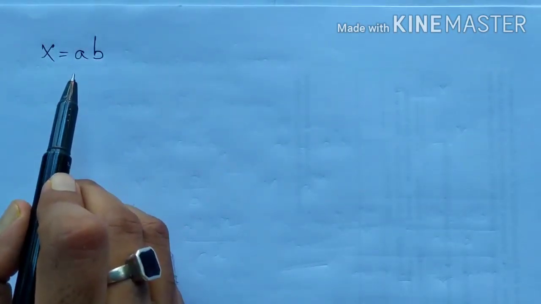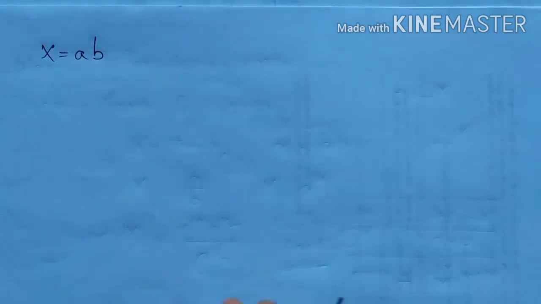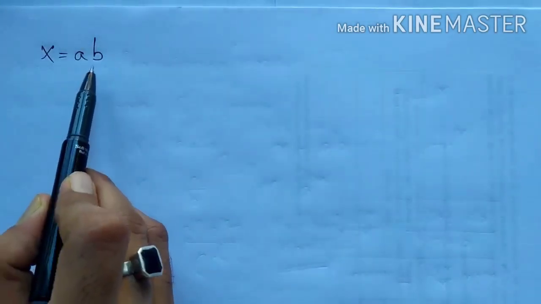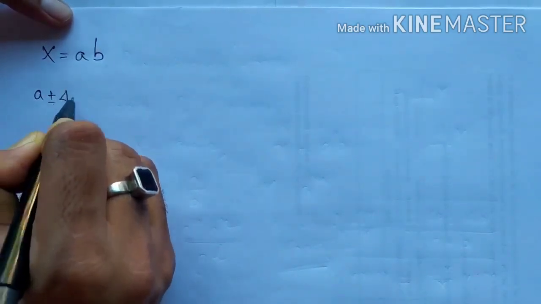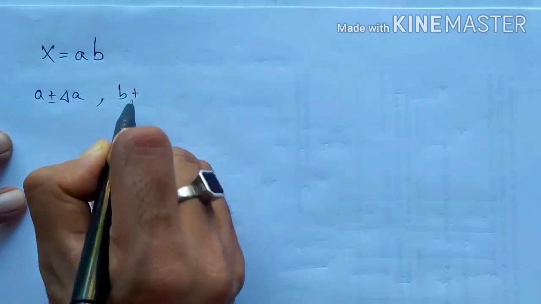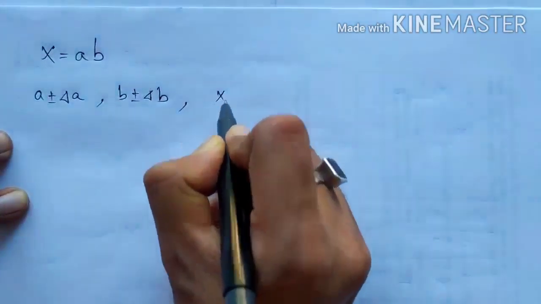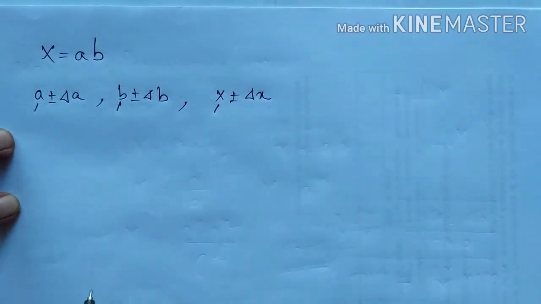So definitely we will have respective errors in the measurement of A and also in the measurement of B, as we have seen just now in case of the form x equal to A plus B. Now if x equal to AB, then A can be written as A plus minus delta A, B can be written as B plus minus delta B, X can be written as X plus minus delta X, where this A, this B, this X represent the measured values, and this delta A, delta B, delta X represent the error.